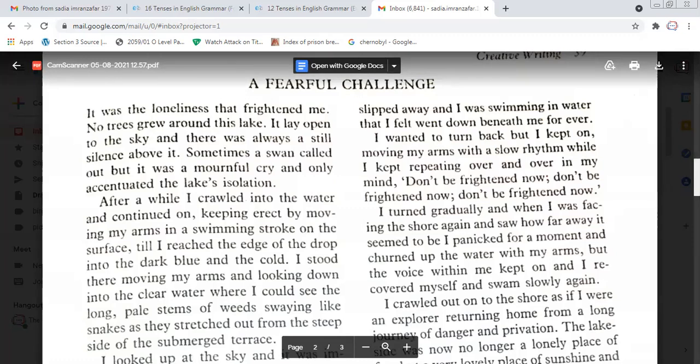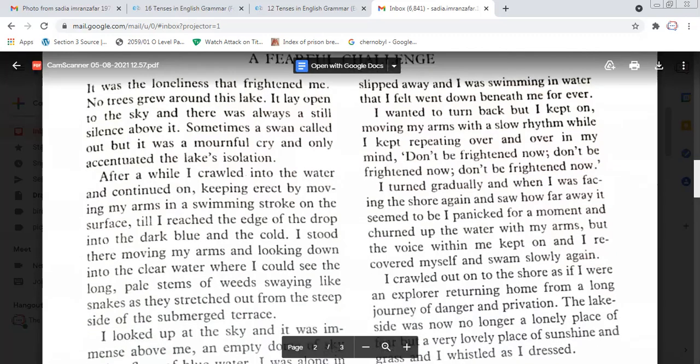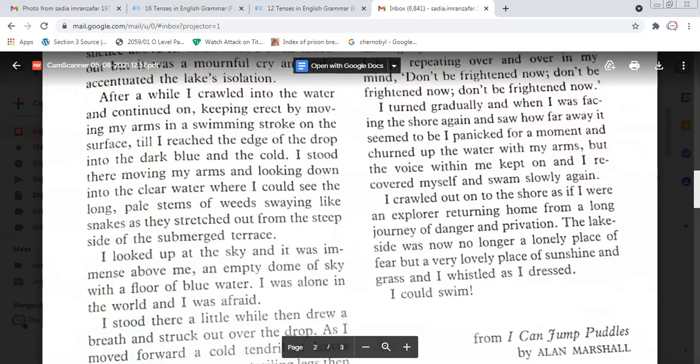I crawled out onto the shore as if I were an explorer returning home from a long journey of danger and privation.